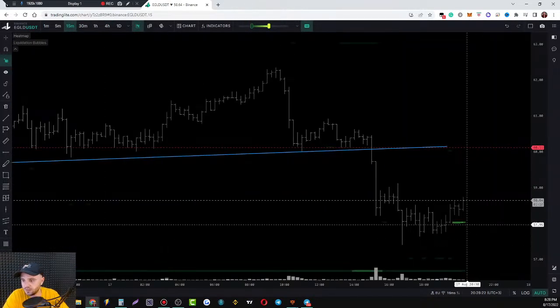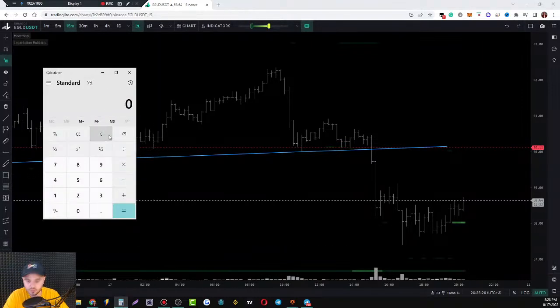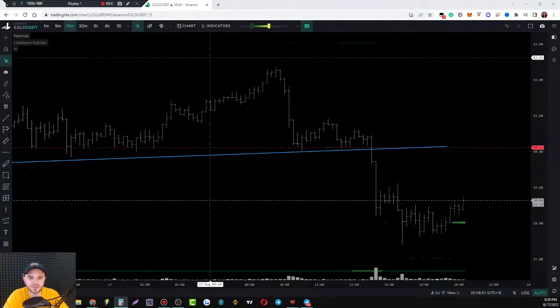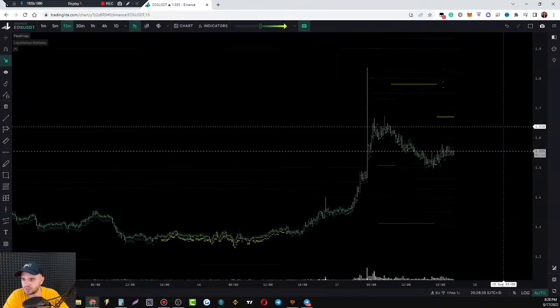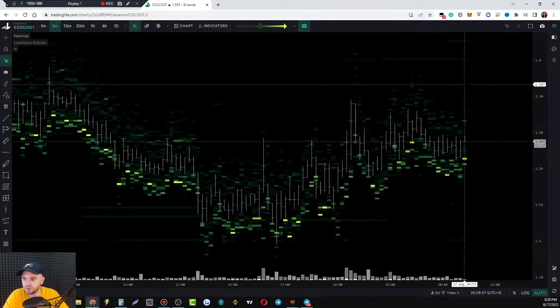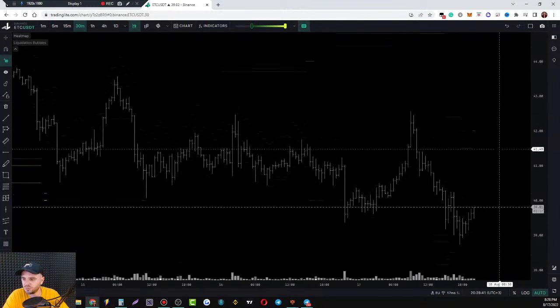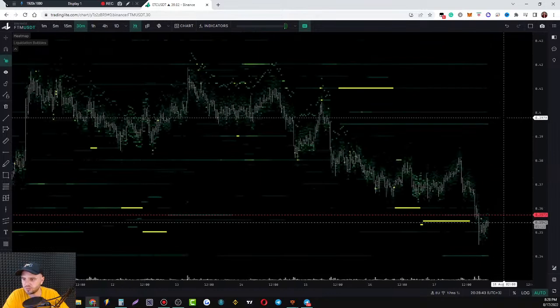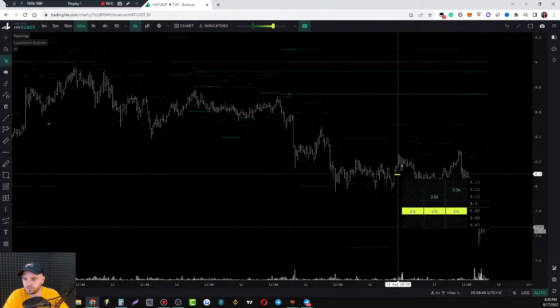This size, let's calculate 4,000 multiplied by 58, $232,000. It is not good. We need bigger size. 1 million, 2 millions, 3 millions. For EGLD, minimum is 500k, because the bigger the size, the bigger the possibility for a bounce, because bigger players take part in this game.